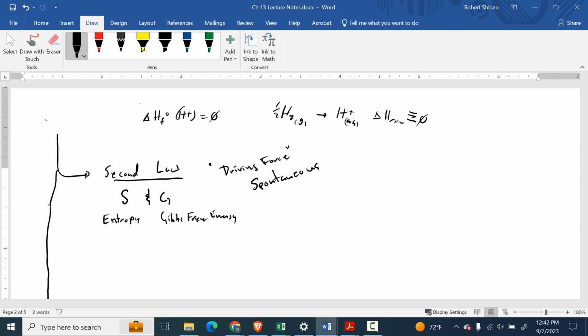If there's a driving force, then it should happen spontaneously. Things without driving force can happen, but you have to force them to happen. They don't just happen spontaneously. So a ball rolls down the hill, but the ball can roll up the hill, you just got to push it along, right?